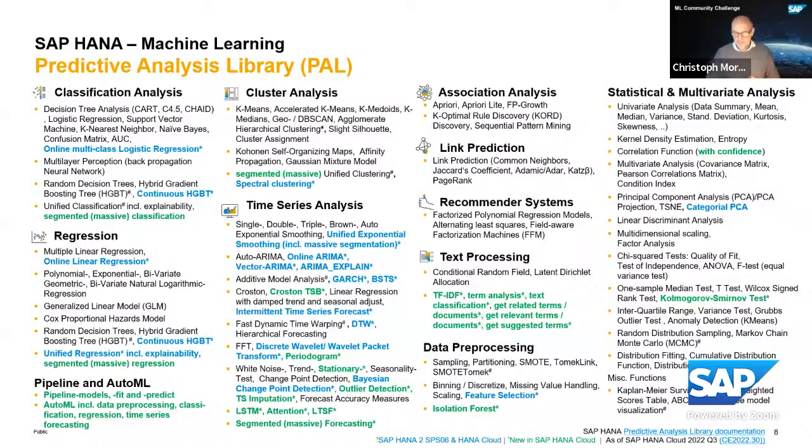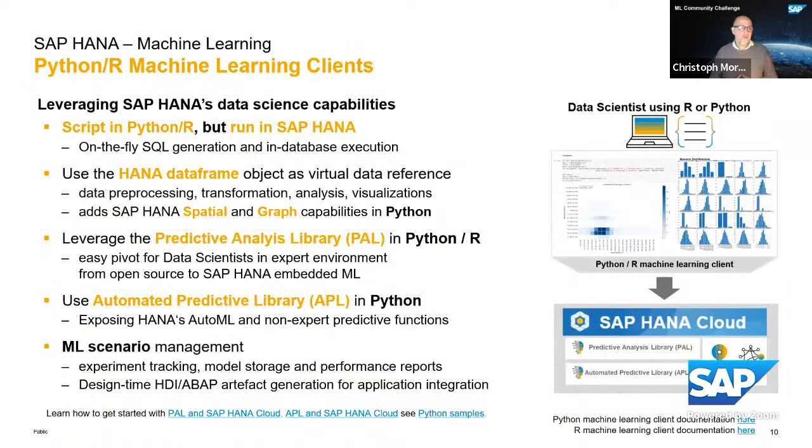So a rich set, and maybe a Swiss Army knife with all kinds of algorithms. And the best is, as a data scientist, and as you may already know those algorithms, you can leverage them via the Python and R machine learning clients, where you basically script in those languages, but you run in HANA, as the interface generates SQL on the fly and executes it with SAP HANA.